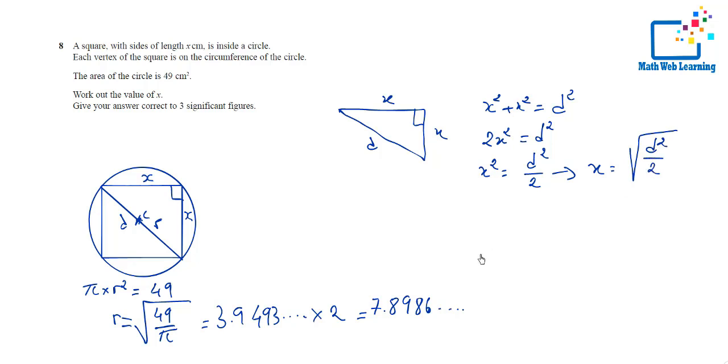Since I have the d still displayed in my calculator, I'm going to square it, then divide it by 2, and then square root the answer.